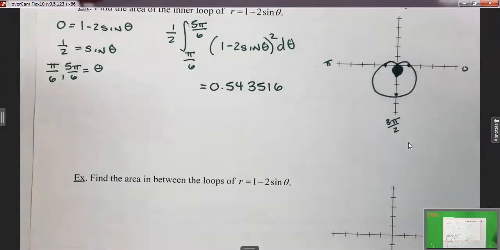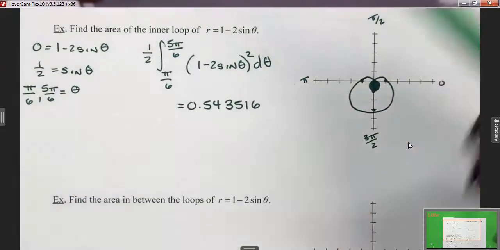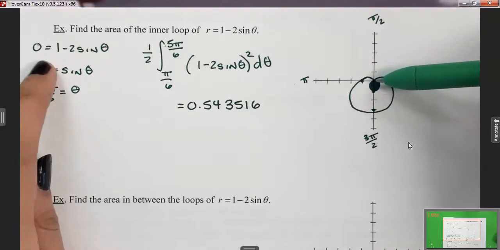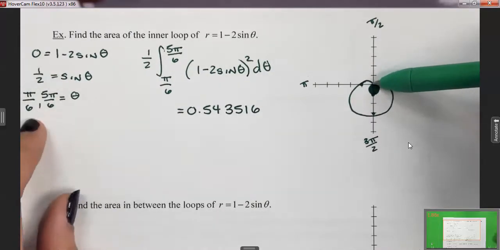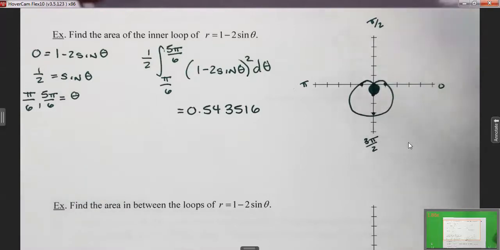For inner loops, you just use the two things that you get as your bounds, because that's where it intersects at the origin. So it'll start going into your inner loop at pi over 6, and it will exit out of your inner loop at 5 pi over 6. The theta's moving and that's your area.